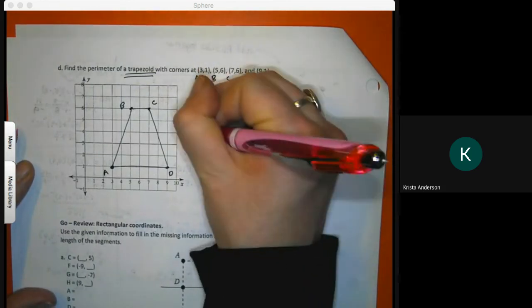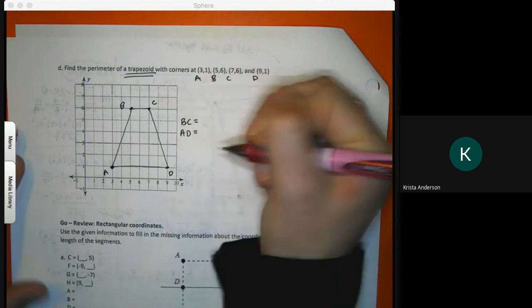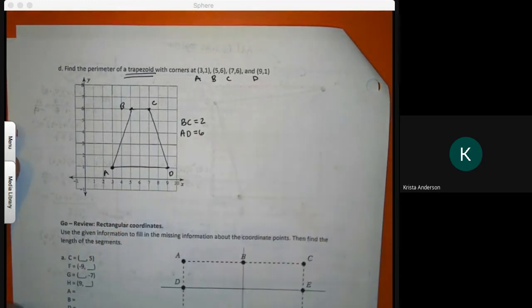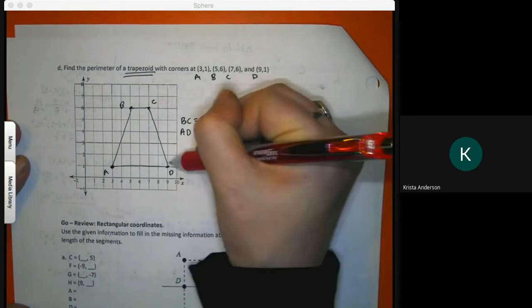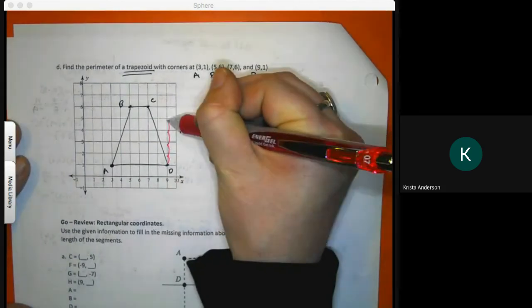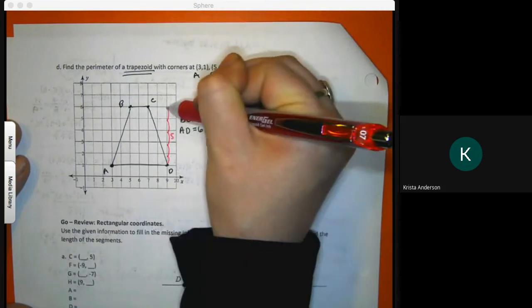And I know A to D. That one's also easy because they are flat along my line. So I would count. The top one is 2. The bottom one is 1, 2, 3, 4, 5, 6. 1, 2, 3, 4, 5. Over 2. Well, back 2.